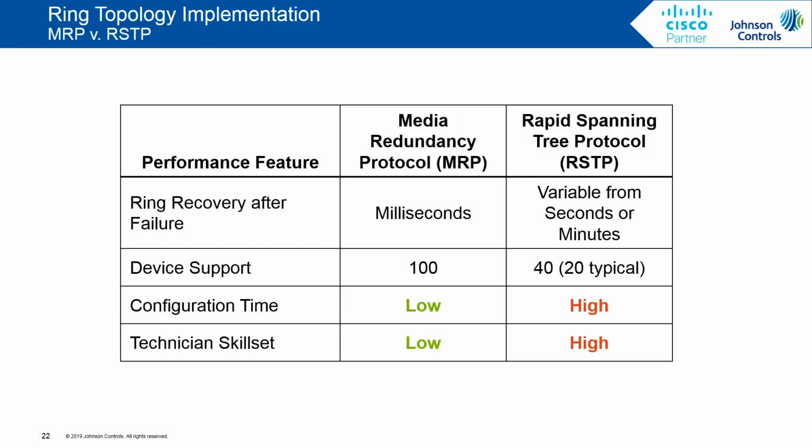And Chris mentioned earlier about analyzers. To look at a spanning tree storm, you may actually need a sniffer to sniff the network and see it. You have a much higher technical skill set required in that example.